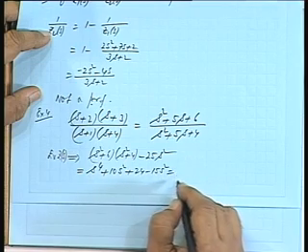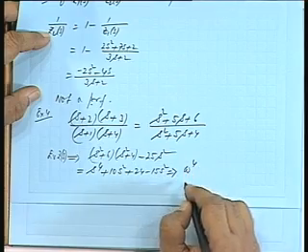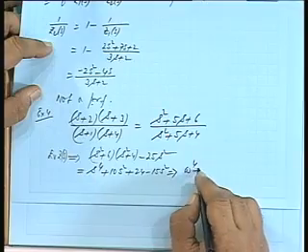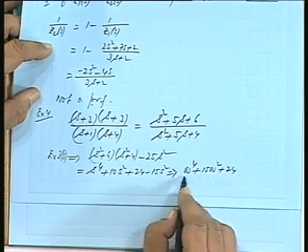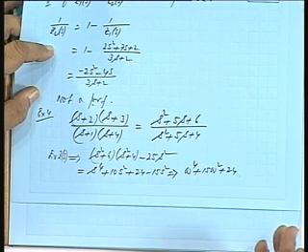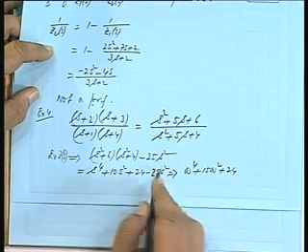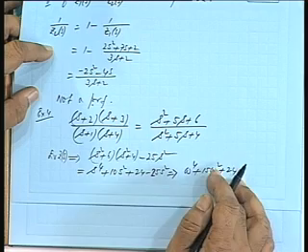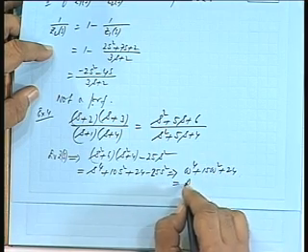If I put s equal to j omega, that will give me omega to the power 4 plus 15 omega squared plus 24, and this is always positive for all values of omega. So it is realizable.